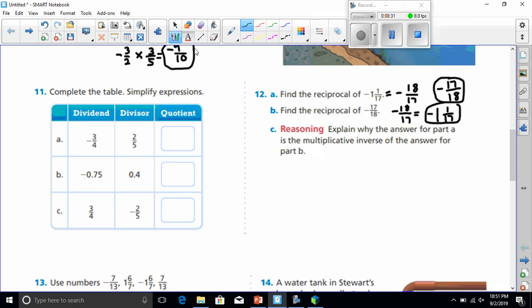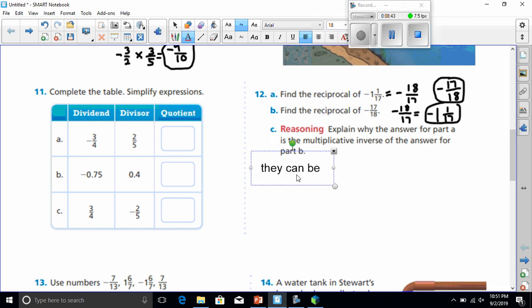So I'm simply going to put, better yet, the product of A and B is 1.